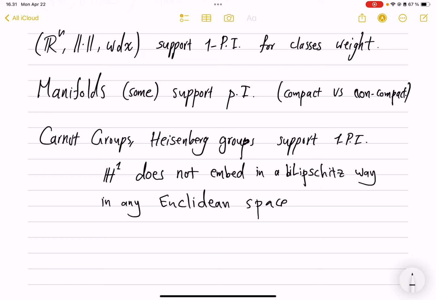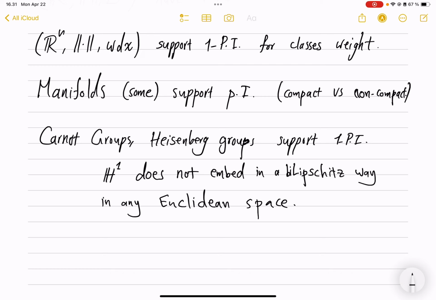So this is in contrast to Whitney embedding or Nash embedding, that any manifold embeds in large enough Euclidean space, but H1 has this fractal nature to it that stops it from embedding into any Euclidean space, even in R^10,000. So this is a very non-Euclidean example.